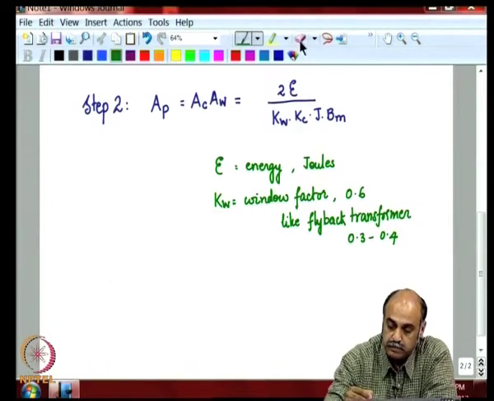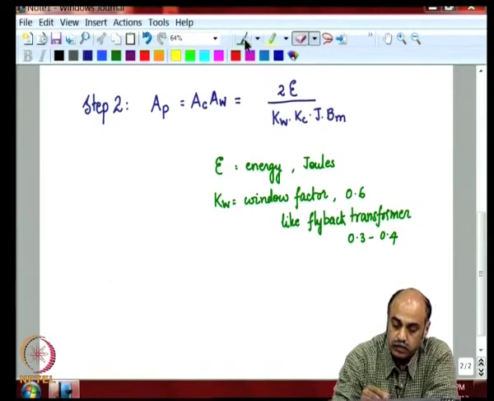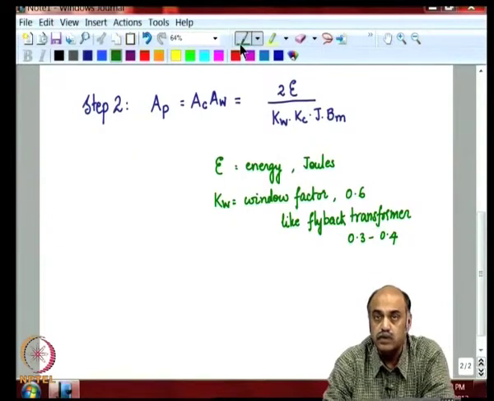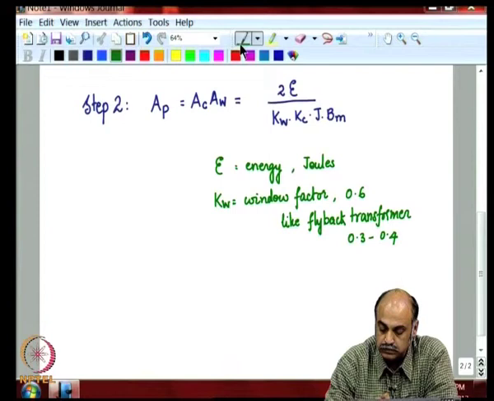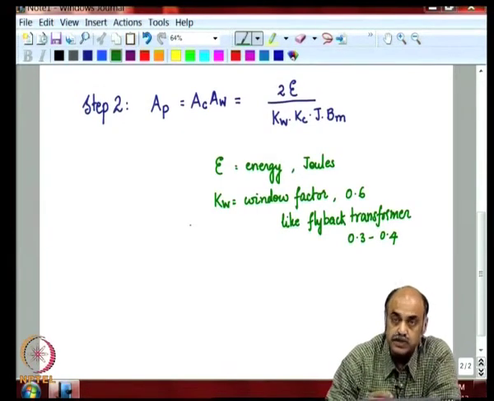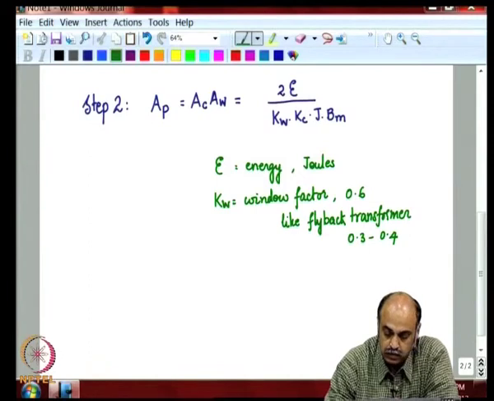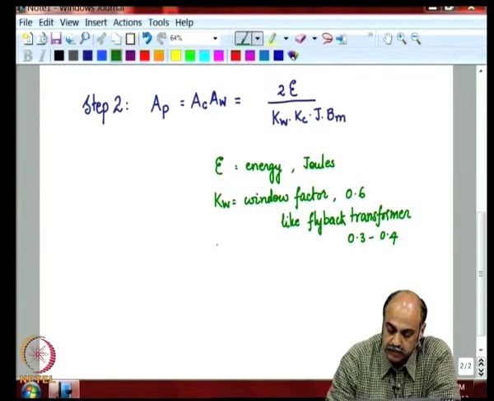And actually it depends upon the windings, and if the number of windings is large, it can go even as low as 0.2 for a very good skilled winder. Okay. Then K_c is the crest factor.